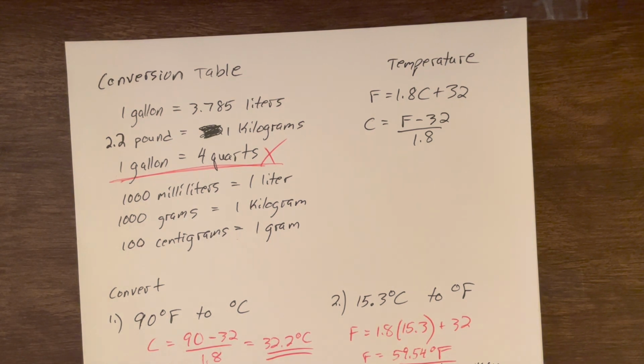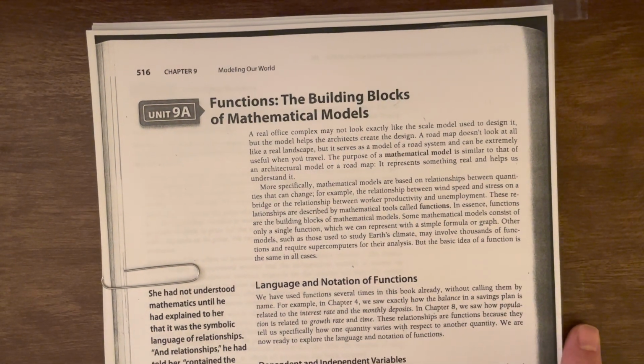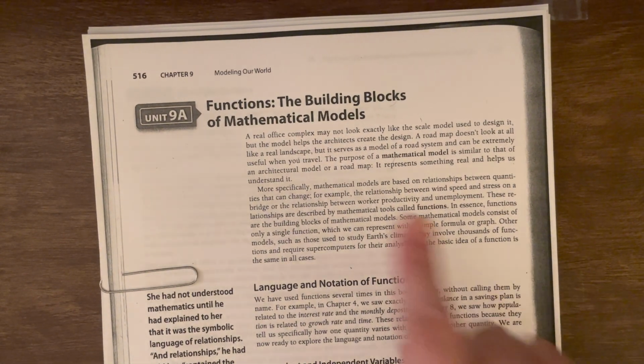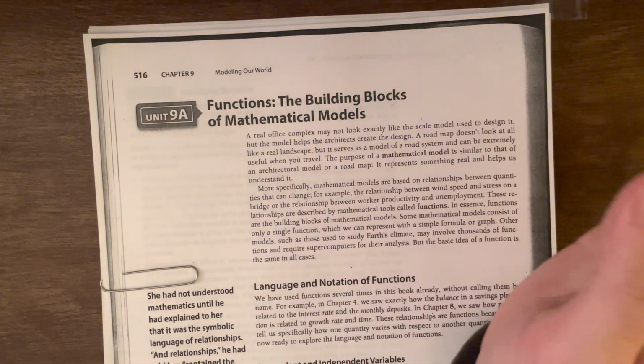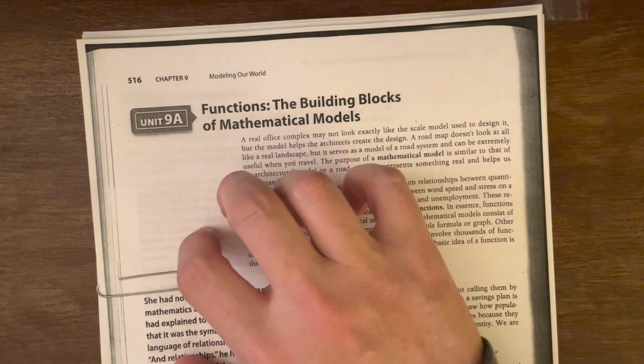So last thing for today in this video, just a sneak preview. Where are we going? What's left? Our last big unit is Unit 9. We are going to talk about the idea of functions. So, again, don't want to get too crazy today. This is going to be next Wednesday.